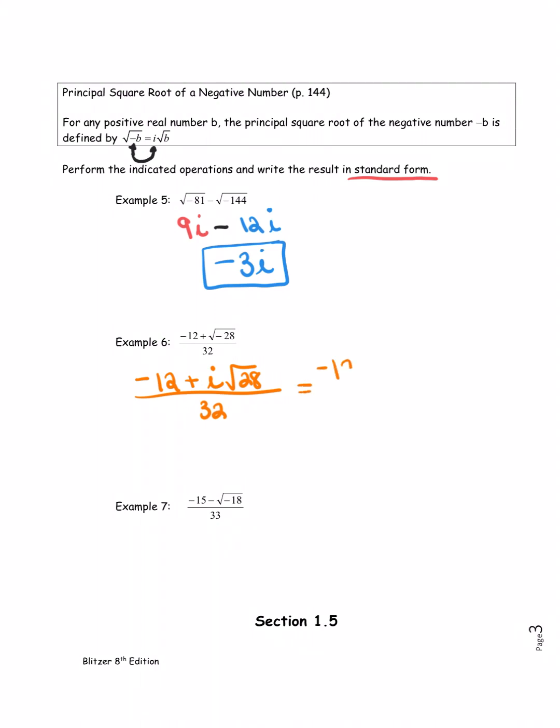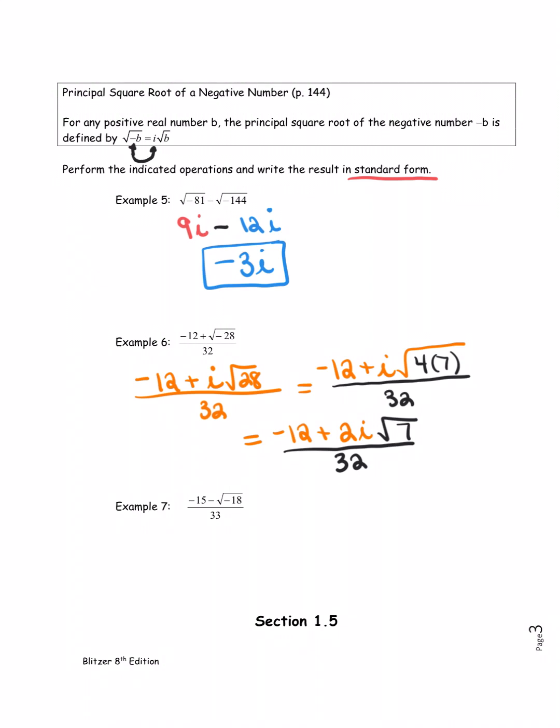So here's negative 12 plus i, breaking up 28 into 4 times 7, and this is all over 32. So we have negative 12 plus the square root of 4 is 2, square root of 7. So we have 2i square root of 7 all over 32.